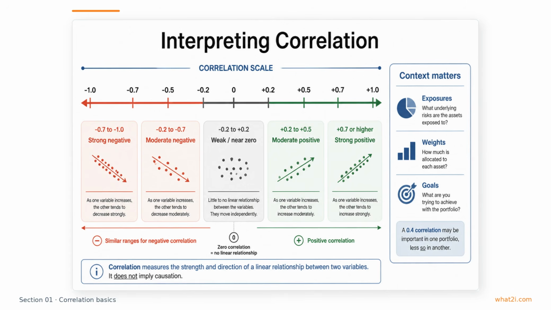The same logic applies on the negative side, where more negative values imply stronger opposite movement. These categories are only rough guides, not hard rules. A correlation of 0.4 could be very important in one portfolio and much less important in another, depending on the size of the position, the volatility of the assets, and the investor's objectives.